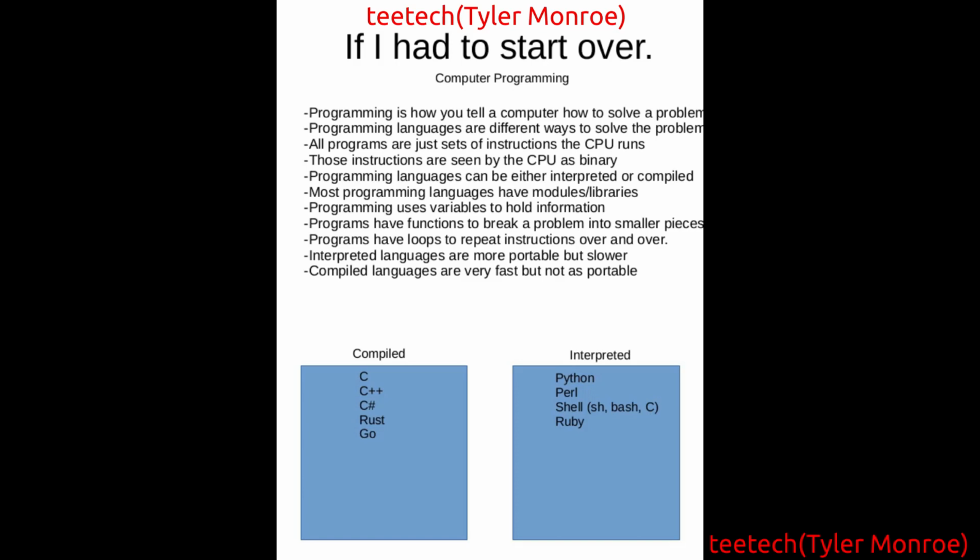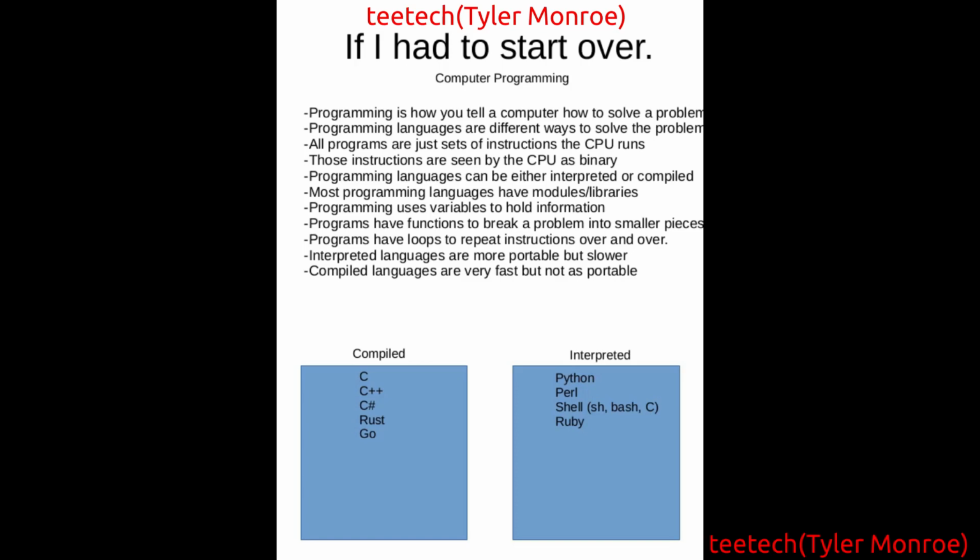Okay? So it's done with programming languages, and those are just different ways to solve a problem. There are multiple programs written in different programming languages, and they can all be there to solve the same problem, just in a little bit different way.